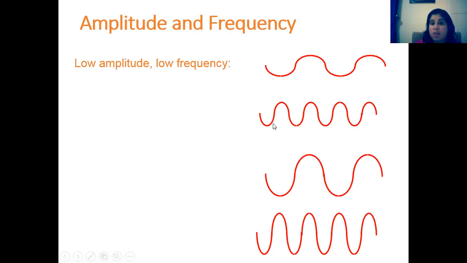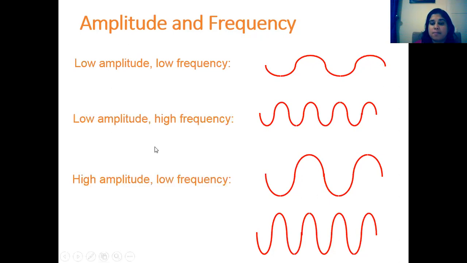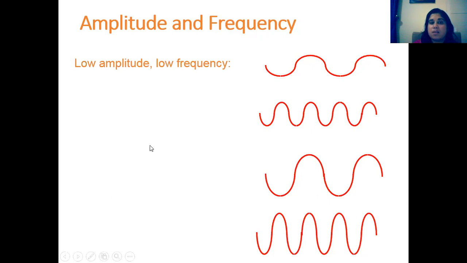And what is frequency? Can you see the number of waves? Now, how many waves? 1, 2, 2 waves. So it has low frequency, because it is very clear over here that the frequency is low.